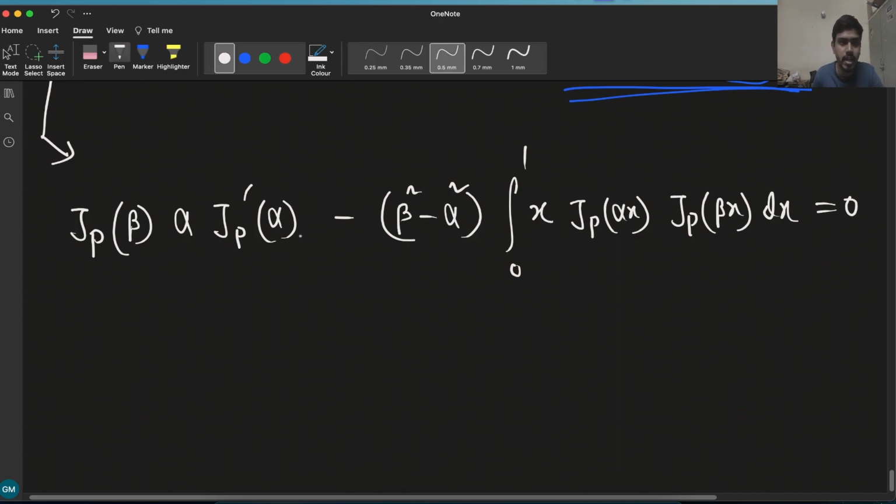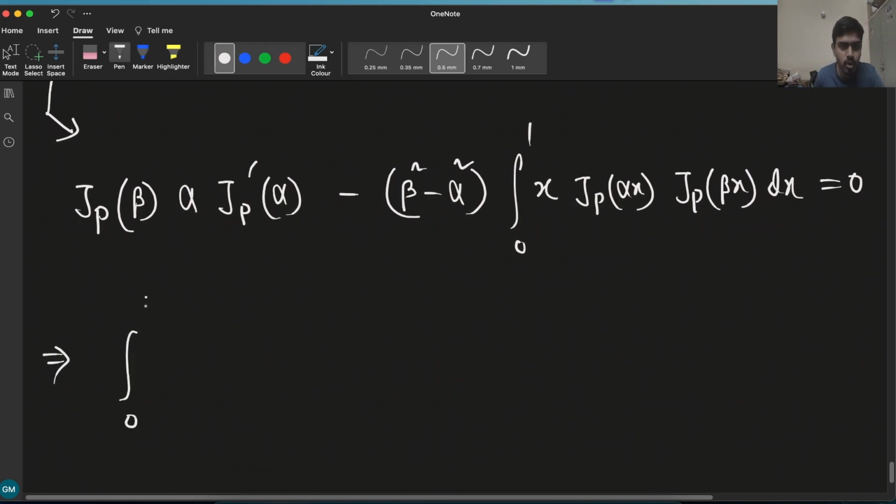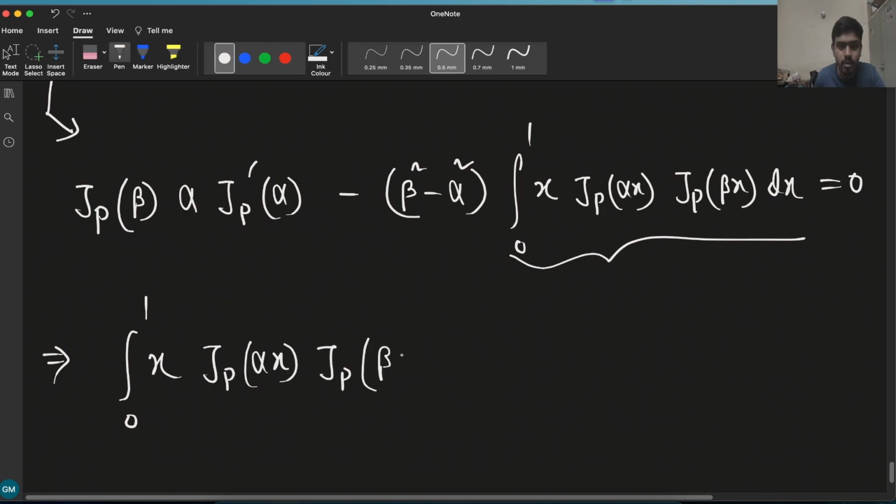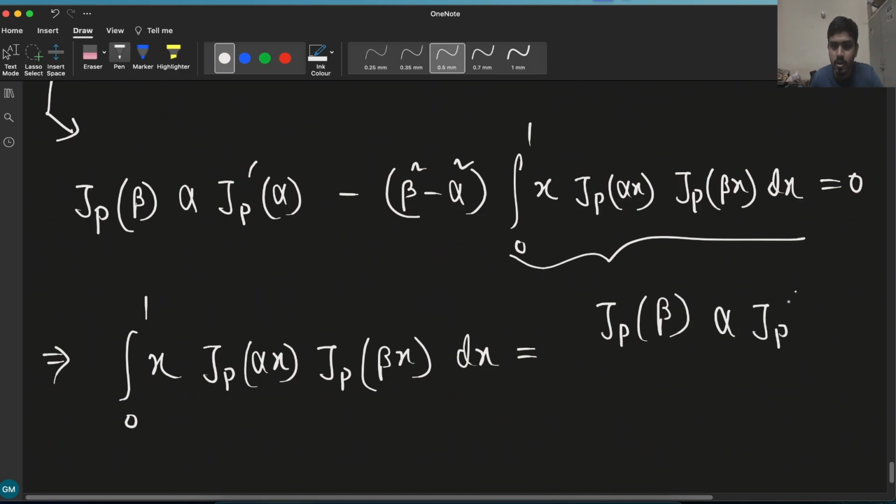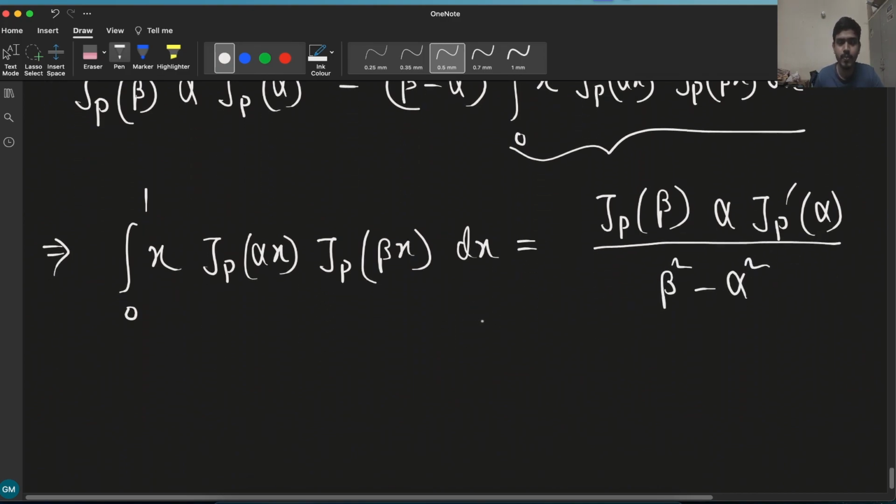Now if I take this term to the other side of the integration, this integration from 0 to 1 of x J_p(alpha x) times J_p(beta x) dx will be J_p(beta) times alpha times J_p'(alpha) divided by beta square minus alpha square.